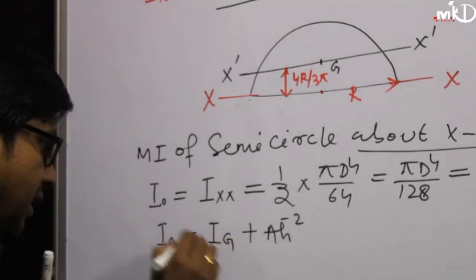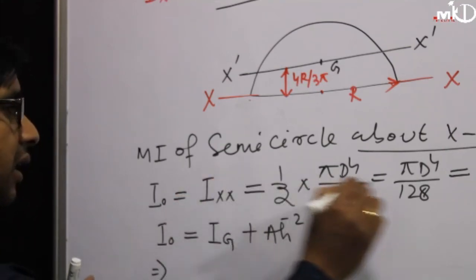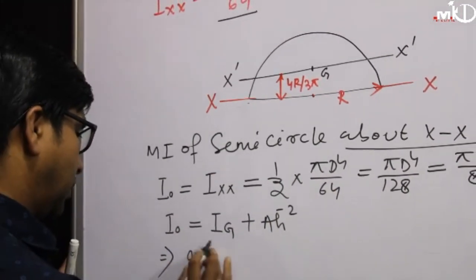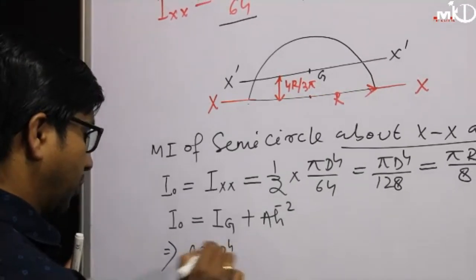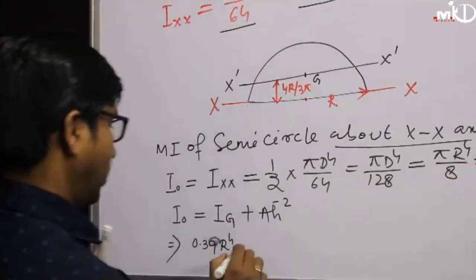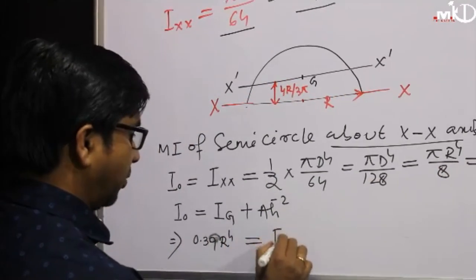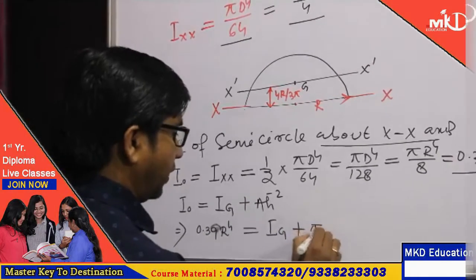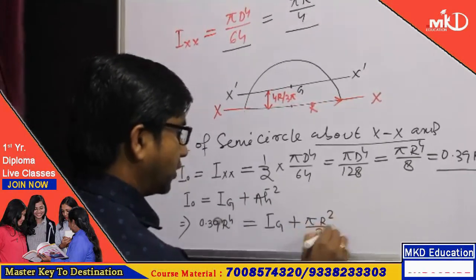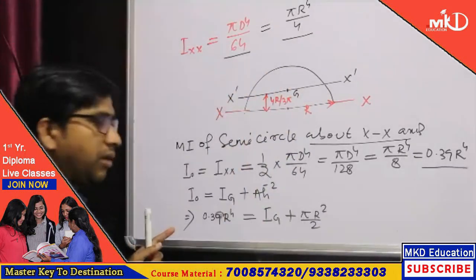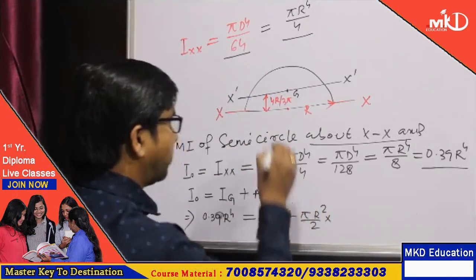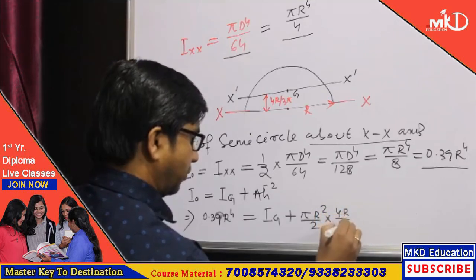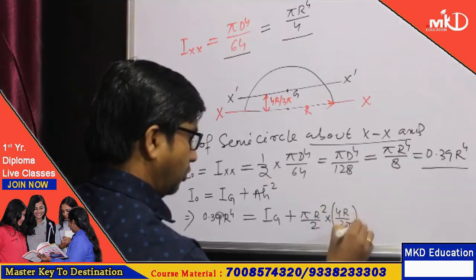We need I G. So I0, 0.39 r fourth, which we already found, equals I G, which is to be found out, plus the area, pi r square by 2, circular area pi r square, semicircular area pi r square by 2, into h bar, which is 4r divided by 3 pi, whole square.